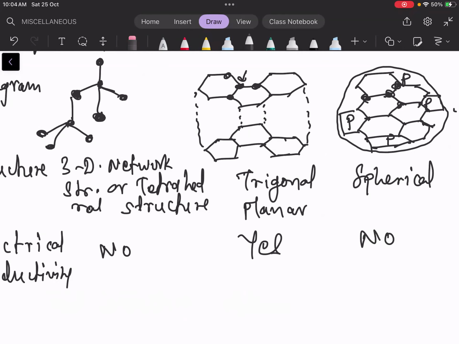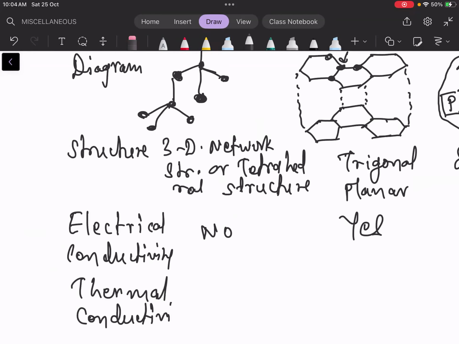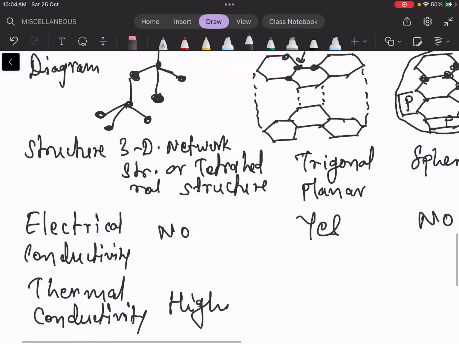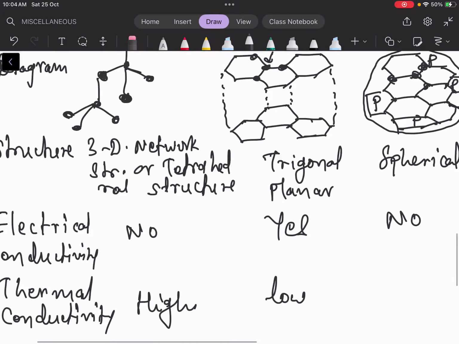Then, thermal conductivity. Diamond has a high thermal conductivity. Graphite, low. And fullerene, again high.